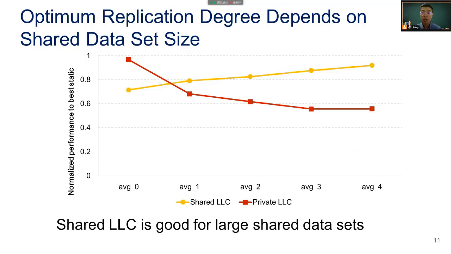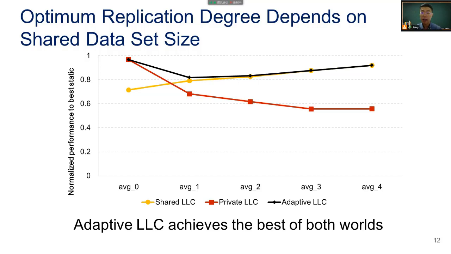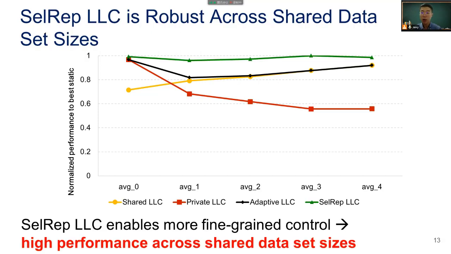Shared LLC is good for large shared datasets because of the impact on capacity. Adaptive LLC achieves the best of both worlds. Selective LLC enables more fine-grained control, thereby significantly improving performance across shared dataset sizes.